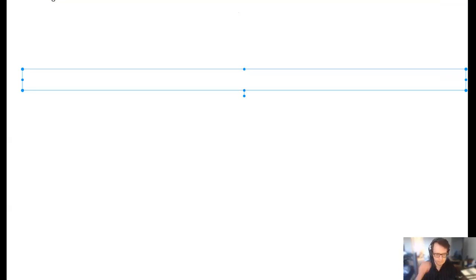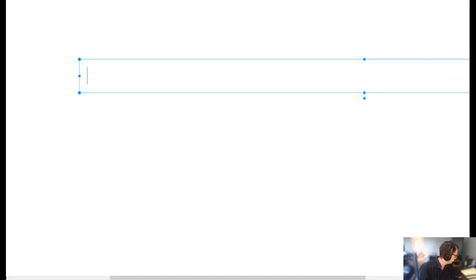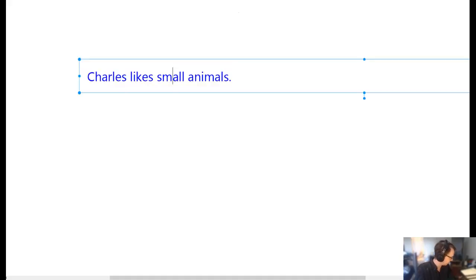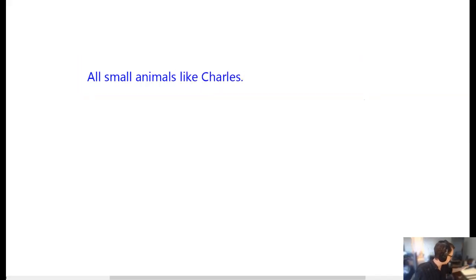So for adjectives, if we have something like Charles likes, oh, let's use an actual quantifier. Use it at the front just to make it easier. All small animals like Charles.